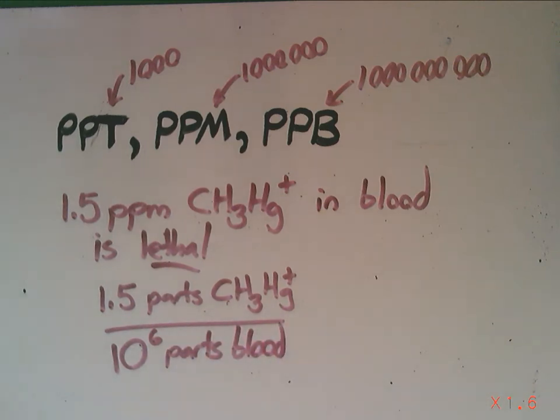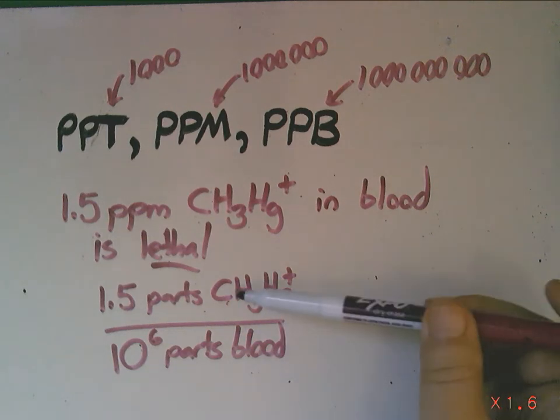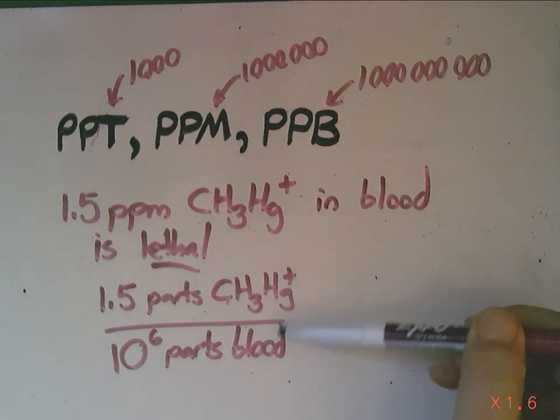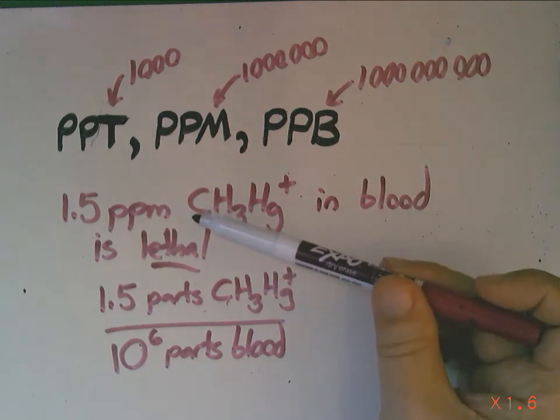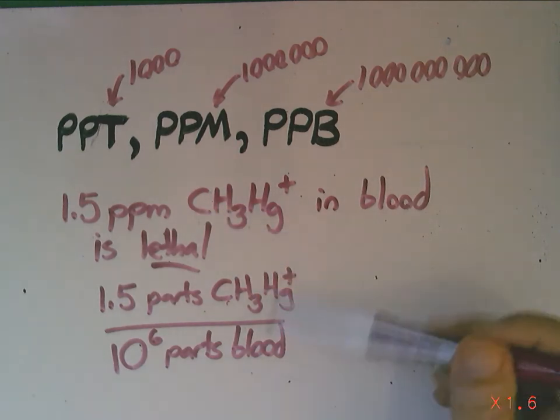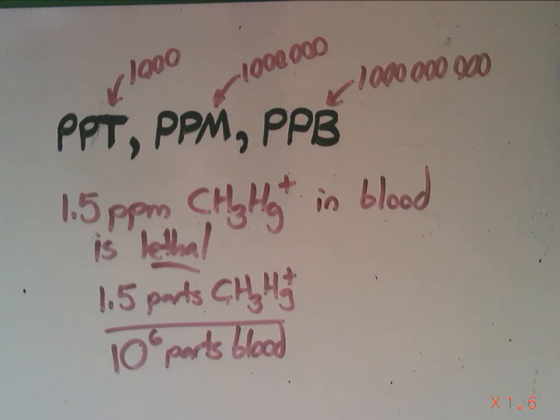So it is kind of a conversion factor between an amount of methylmercury and an amount of blood when someone gives you a concentration like that, and you can use this as a conversion factor in calculations.